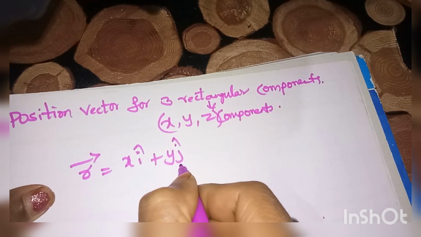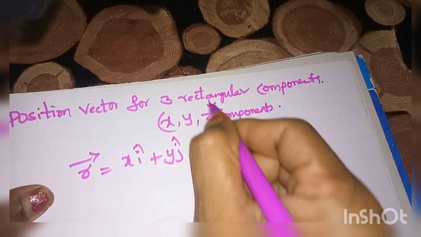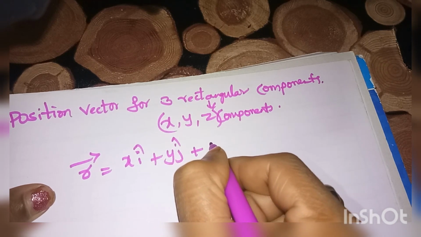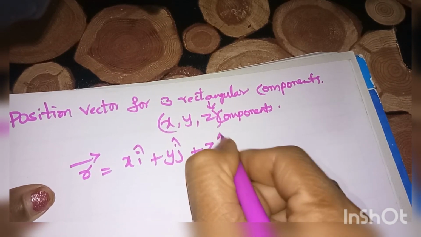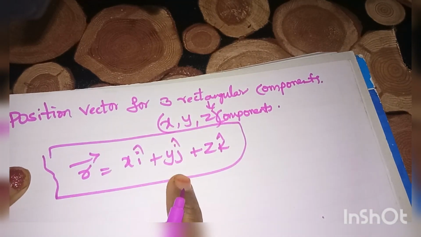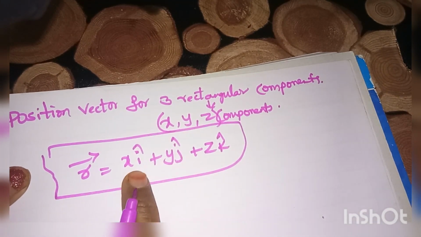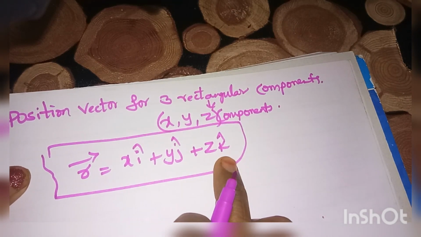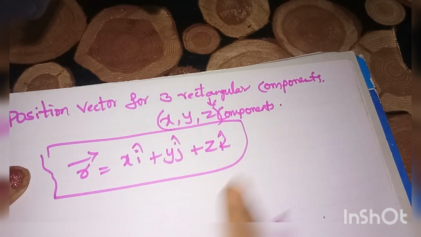This is two rectangular components, but we are discussing three rectangular components now, plus z k cap. This is the position vector along three rectangular components, and x i cap, y j cap and z k cap are the x, y, z components of vector R bar.